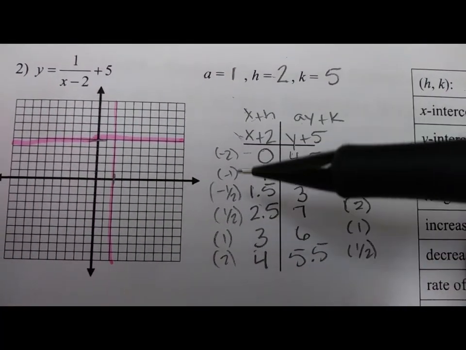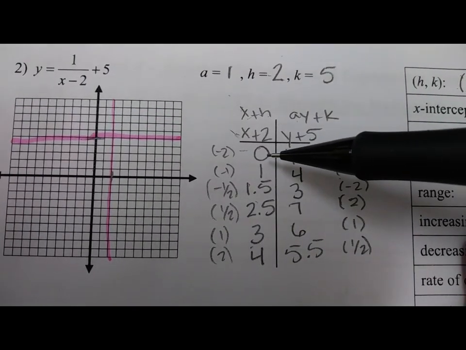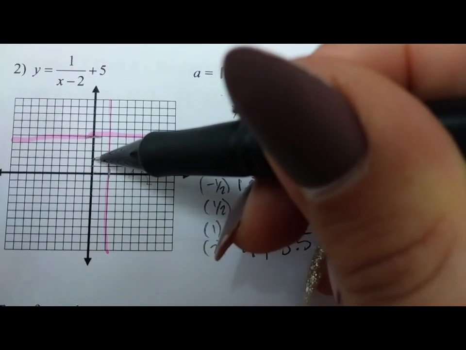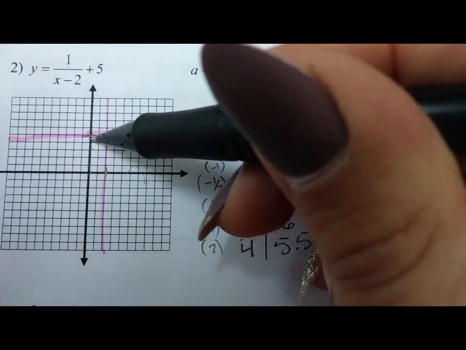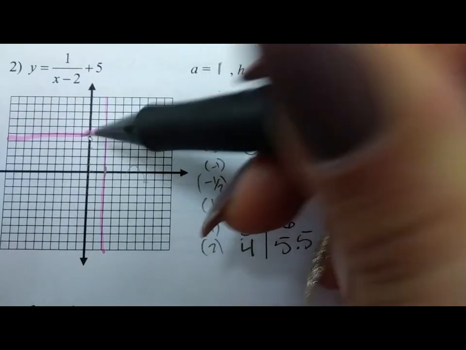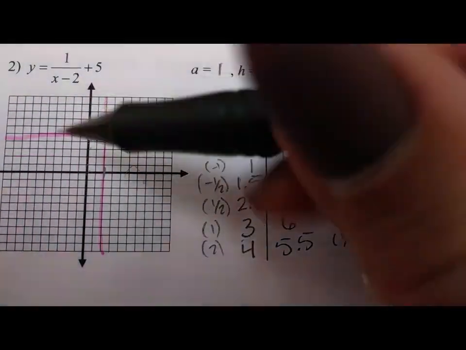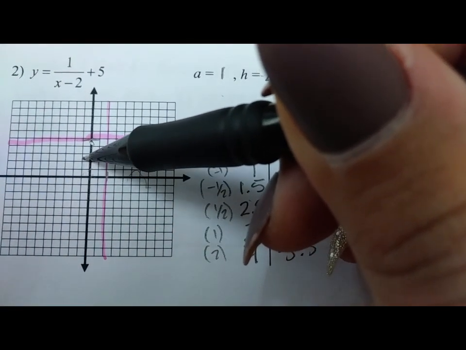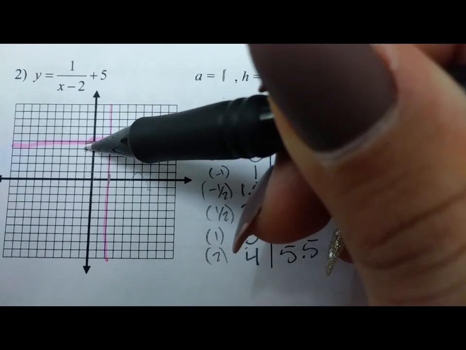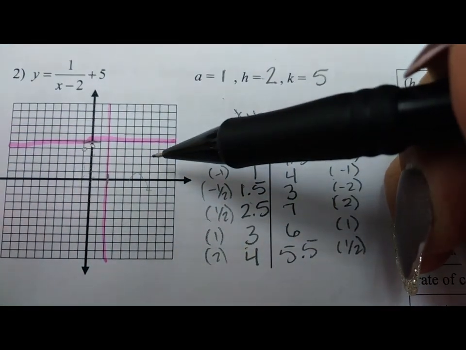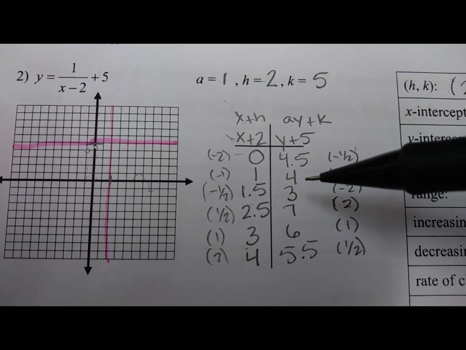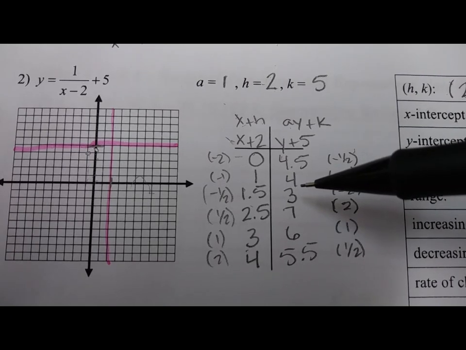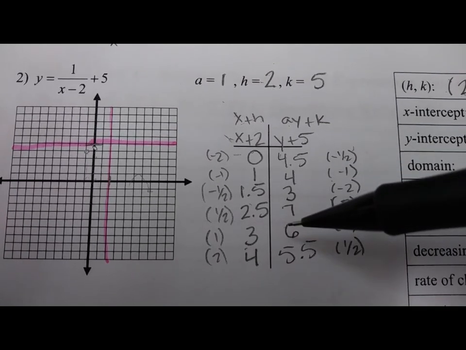So we can look at 0, right? We know 0 will give us 1, 2, 3, 4, and a half. 1 will give us 4. It's 1, 2, 3, 4. And then three.